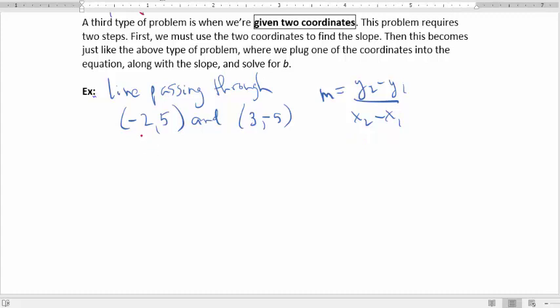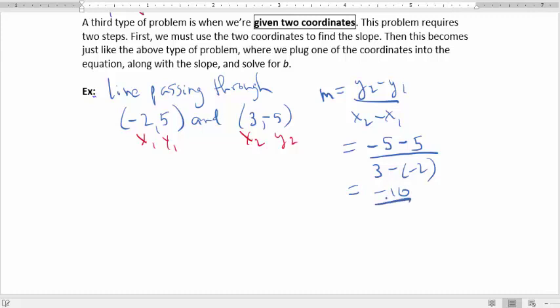So we can think of this first point as being x1, y1, and this second point as being x2, y2, and we can find the slope that connects these 2 points just by plugging in and writing -5 minus 5, which isn't going to be 0, careful there, over 3 minus -2, right? -5 minus 5 is actually going to be -10, and then 3 minus -2 becomes 3 plus 2, so this is really 5. So the slope is actually -2. So this is your m.